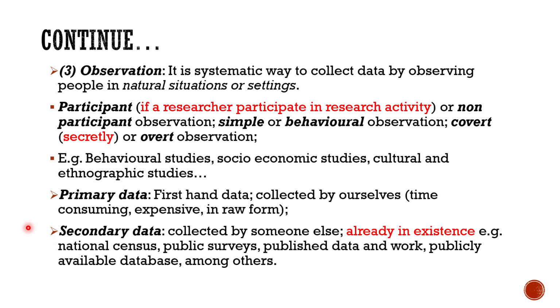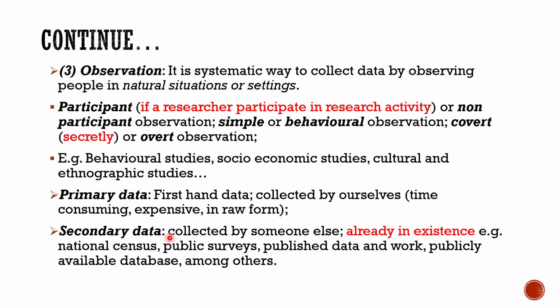And last but not least, we can divide data into two parts. One is primary and the second is secondary. Primary data is also called first-hand data. It means it is collected by ourselves only, but collection of primary data is very time consuming and sometimes expensive, and we get information in a raw form from primary data.